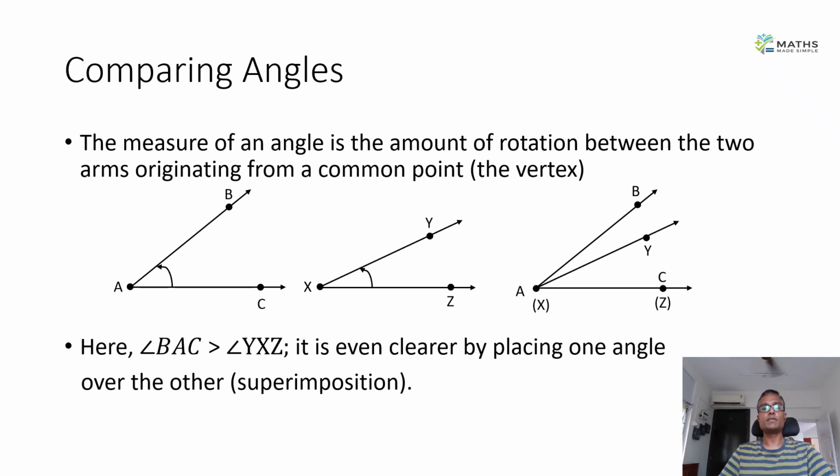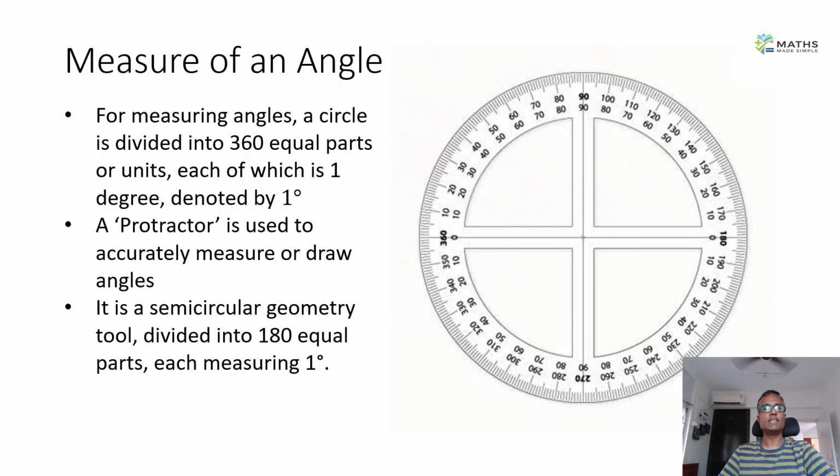Now, what if the difference is a little more subtle and can't be identified just by looking at them? That is where measuring an angle comes into play. For measuring angles, a circle is divided into 360 equal parts or units, and each of those units represents 1 degree.